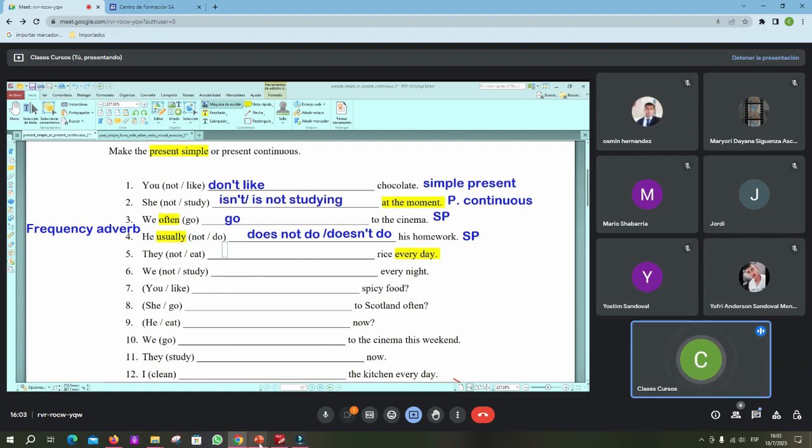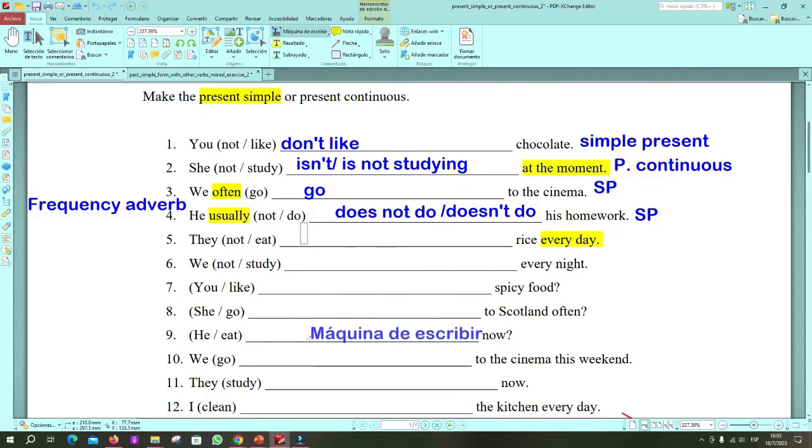Yes, Mr. Jordi. That would be the answer, right? They don't eat, right? In this case, you're going to use just that. Also, this is simple present, right?